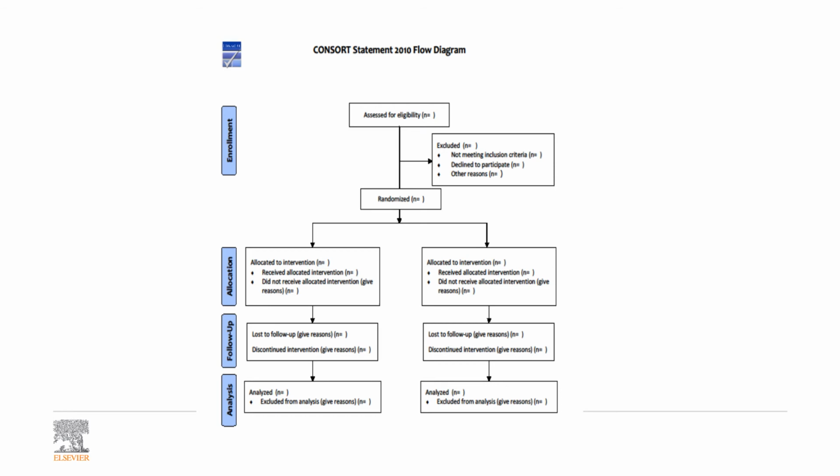This is an essential document to be submitted and indeed published alongside experimental work. And it helps you to account for every participant and also to do intention to treat analysis to see if dropout differentially affected one arm or the other and whether or not that had an effect on the outcome.